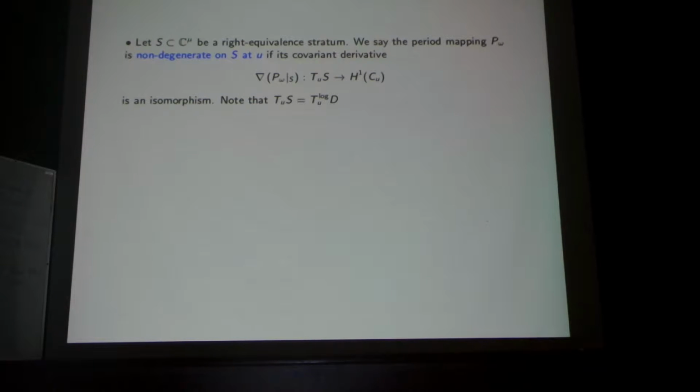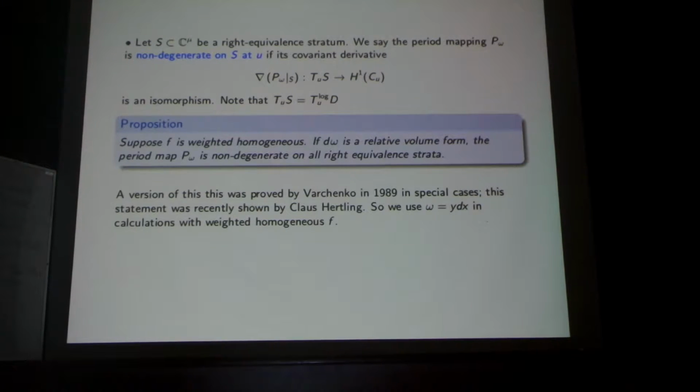where have we got to? Here. Into the homology of the fiber. And what the connection does is give you a canonical way of making that projection. So you get a canonical derivative, and if this is an isomorphism, then we say the period mapping is non-degenerate on the stratum. And that's essentially the case generically. In fact, one can be a bit more precise.